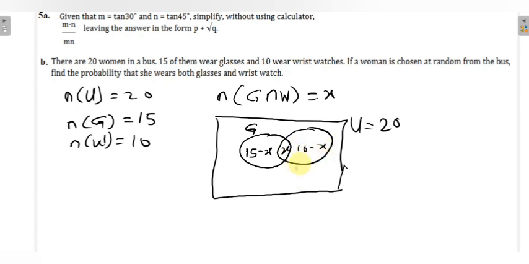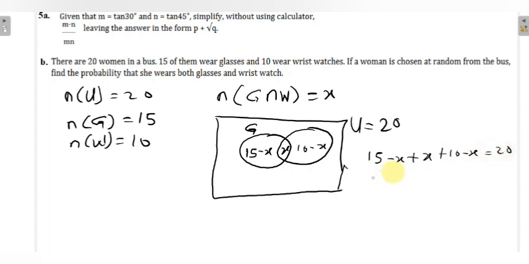So when we add these together, everything is going to give us what? 20. So I'm going to have 15 minus X plus X plus 10 minus X is equal to 20.